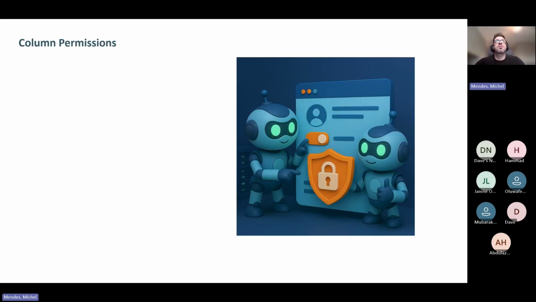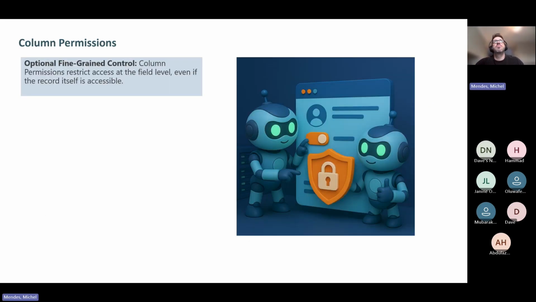The column permissions, as I was mentioning, fine-tune even better what the user can do. The same way, it's linked to a table, and it's linked to a web role as well. So basically, users can have different levels of access in each table, like an admin can modify more fields than non-admins, and so on.